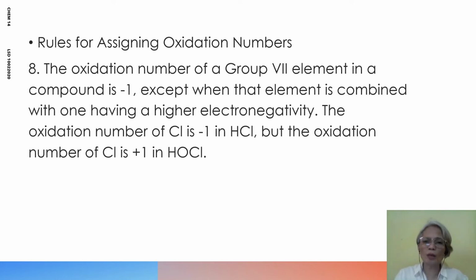The oxidation number of group 7 is -1, like fluorine and chlorine, except when that element is combined with one having a higher electronegativity. For example, in hydrogen chloride, chlorine has an oxidation state of -1, but the oxidation number of chlorine in HOCl is +1, because oxygen is more electronegative than chlorine.